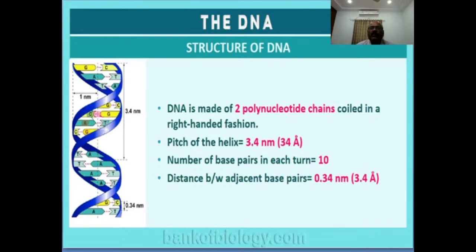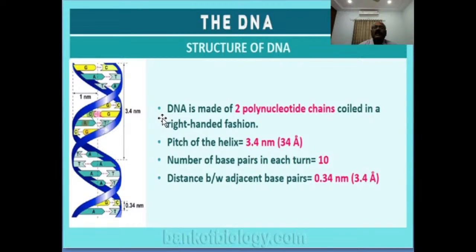Number of base pairs in each turn is 10. Distance between adjacent base pairs is 0.34 nanometers or 3.4 angstroms. You see, this is a DNA. This is one strand, this is one strand. Two strands are connected with hydrogen bonds.